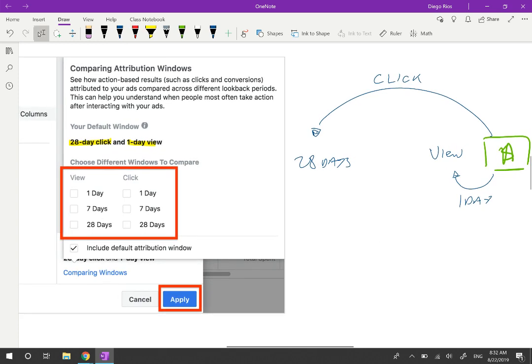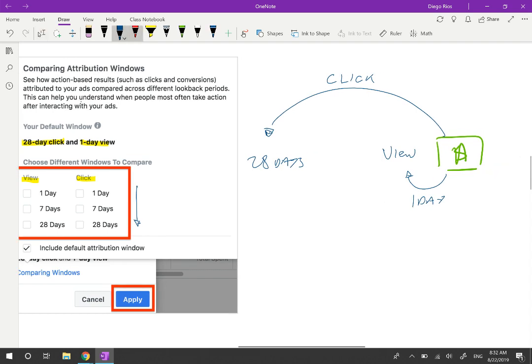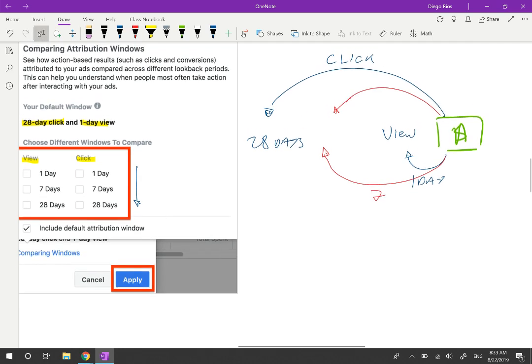You can change this, and you can change your view and click window by 1, 7, or 28 days, right? So you can increase your attribution window, or you can decrease it. I can say, well, I don't want to have 1 day view. What I want to do is have 28 or 7 days, and I want to shorten this to 7 days as well. How is this different?